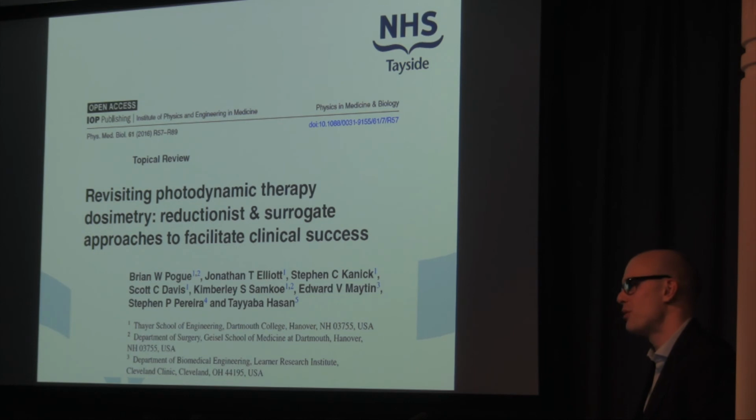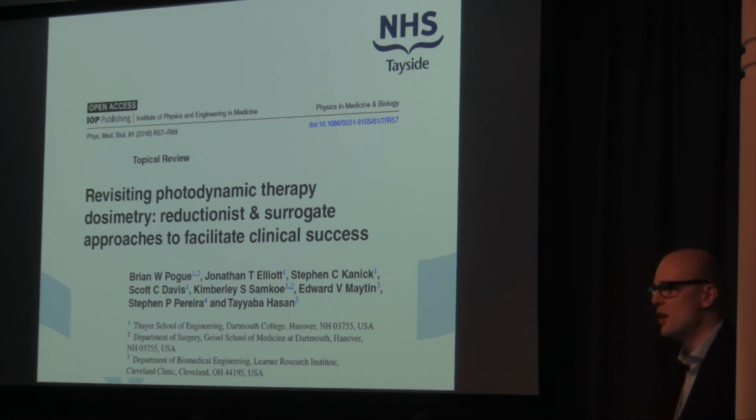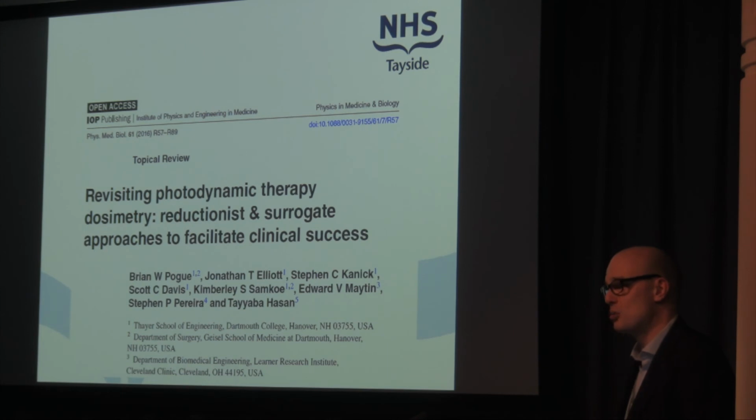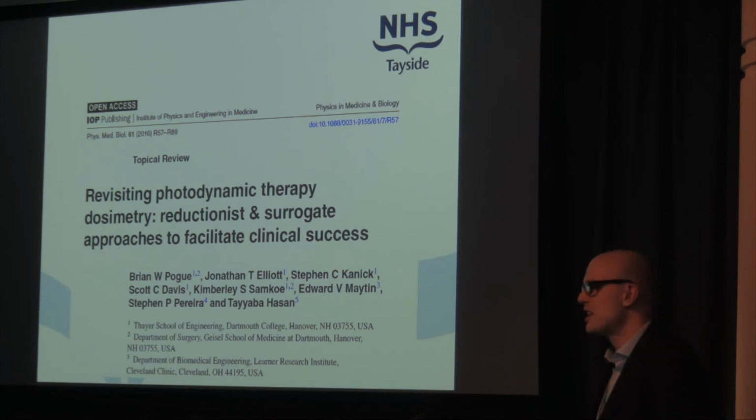Now, in this topical review by Brian Hogue, they suggest that the complexity of these techniques is the reason why PDT hasn't been as successful as it should be. They suggest that in early preclinical research and in phase 1 trials, we should measure as closely as possible all the variables which affect treatment outcome and determine which one has the biggest impact.